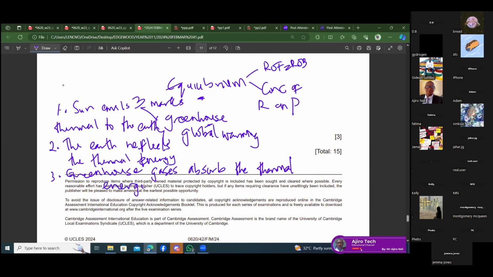So this is how to get the 3 marks. The greenhouse gases absorb the thermal energy, which results in global warming. So this is where students didn't do well. The question is, how do greenhouse gases cause global warming? Explain how greenhouse gases cause global warming.